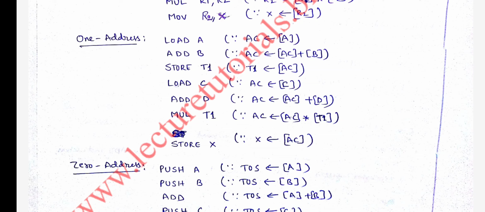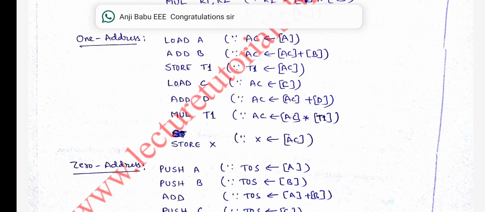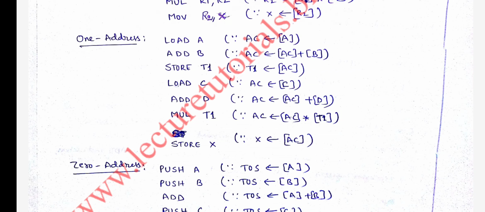Next, again LOAD C, the accumulator stores the content of C, and ADD D. So we add D to the existing AC because AC contains the content of C. Next, MUL T1. Already T1 contains A plus B, and here AC contains C plus D. So we have to multiply both AC and T1.